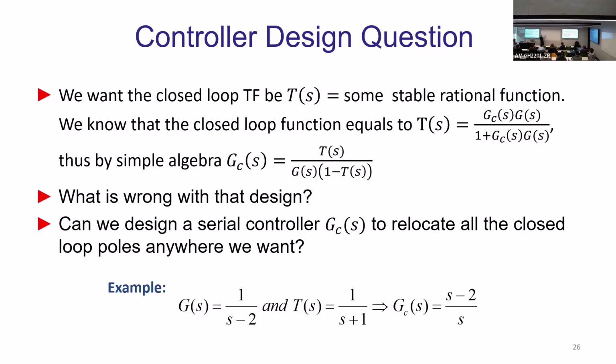So GC G divided by 1 plus GC G, which is T, equals 1 divided by S divided by 1 plus 1 divided by S, which is 1 divided by S plus 1, which is what you want in closed loop. Correct?